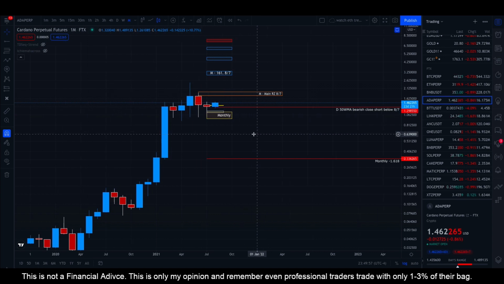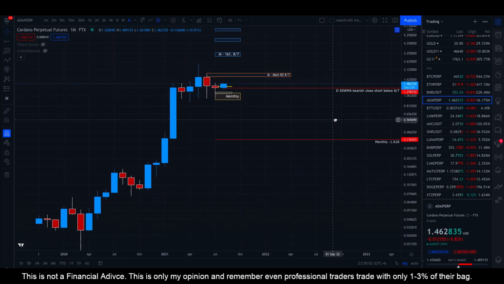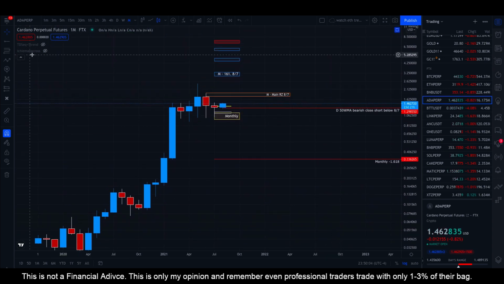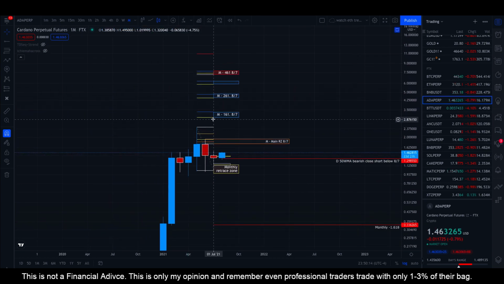So I'll show you how I got these boxes with Fibonacci. So I'll go ahead and map out my 618 and 1 and extension levels. So this is my 1,618 level.